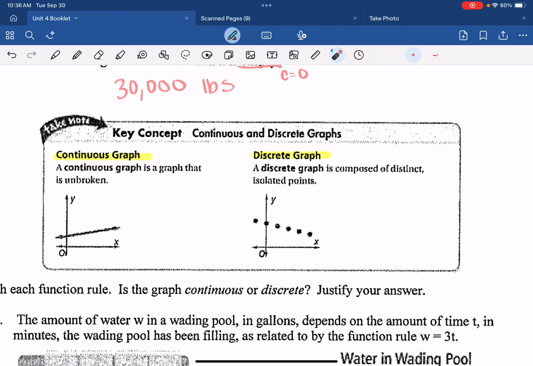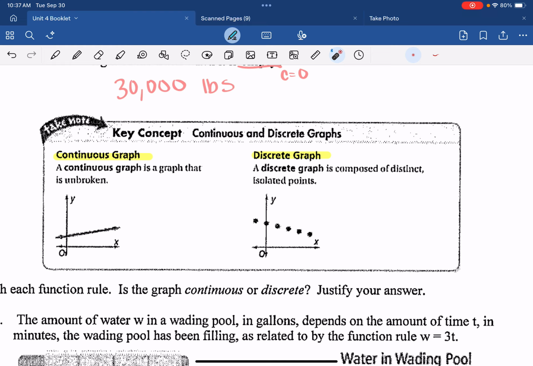It's easier to understand this with an example. So for instance, let's go to our discrete graph here. Let's say this graph is showing us the number of students who go to homecoming per year, right? If you think about that scenario, could you have a decimal student go to homecoming?